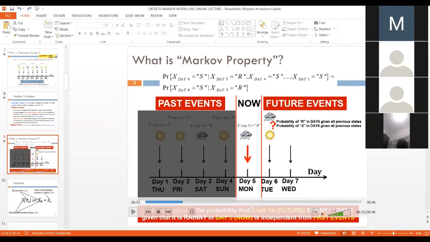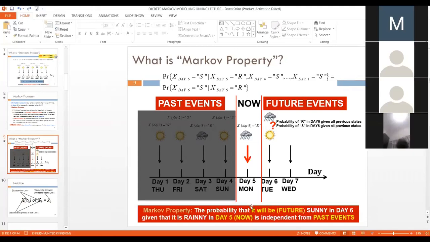It only relies on current states or current probabilities of various events. Based on what is happening presently, we can predict what is going to happen in the future.